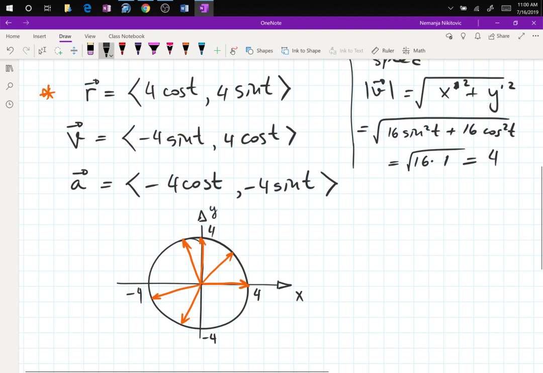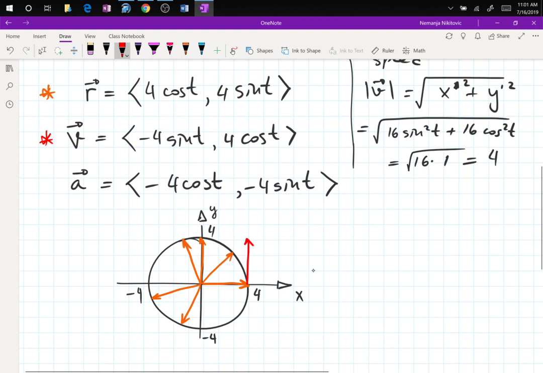So the velocity vector, which is our blue, or should I do red? Let's do red. The velocity component is going to go like this.